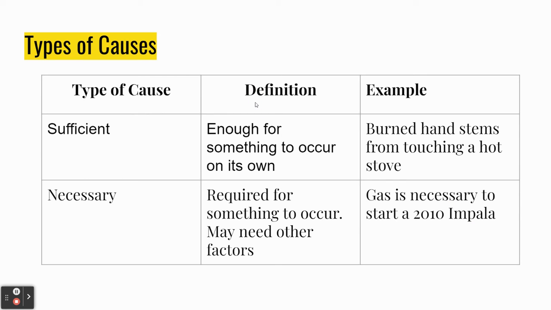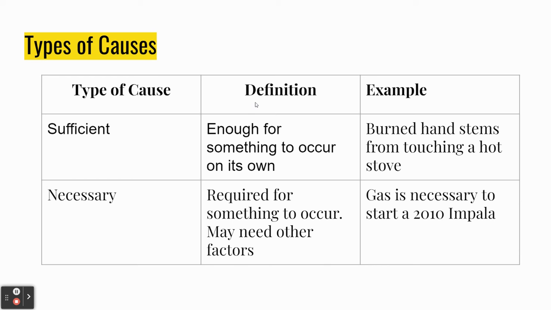There are several types of causes that I think we need to take up. Number one, sufficient. It's enough for something to occur on its own. So my example on this table, if you have a burned hand because you touched the hot stove. The stove was hot, you touched it, you burned your hand. Nothing else needs to happen. Necessary. Necessary is required for something to occur, but it may need other factors.